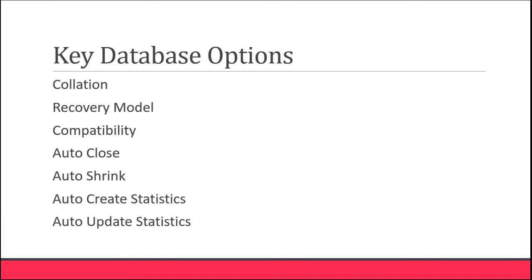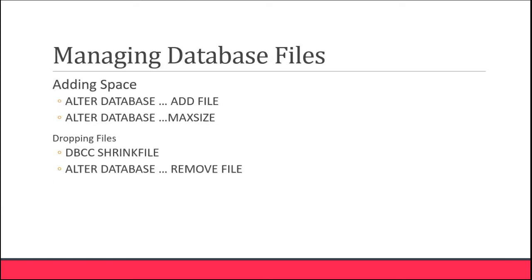The compatibility: is it the compatibility of the instance, or do you want to make it a little backward compatible? Is it auto close? That means, do you want the database to close by itself when you are not using it or not? Do you want it to shrink itself? That's auto shrink. Auto create statistics, auto update statistics. We'll see this practically as we go on.